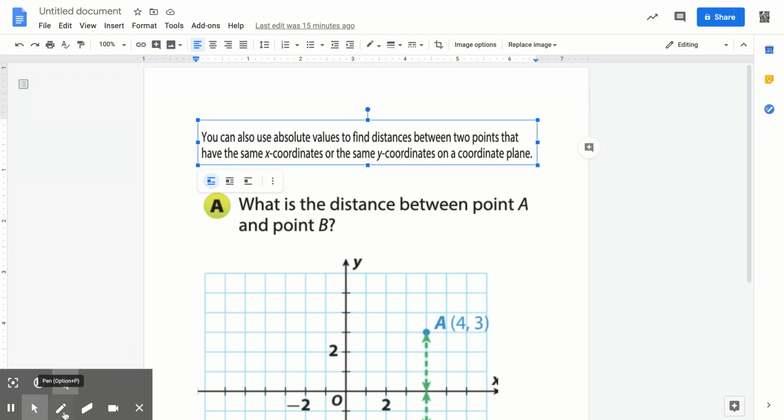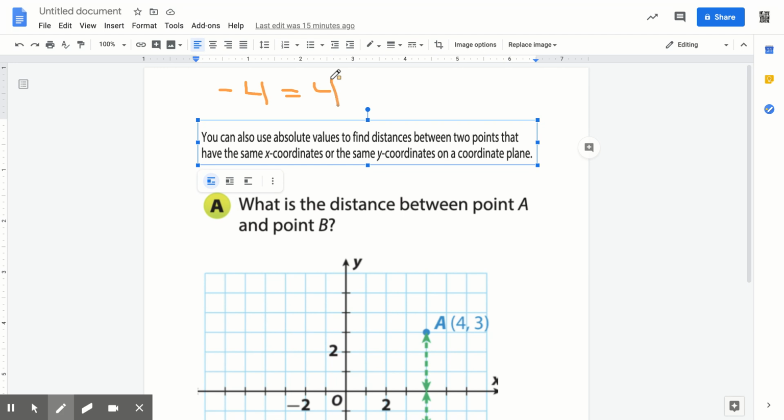So by now you guys should remember, when it comes to absolute value, for example, if I were to ask you what is the absolute value of -4? You would know that the absolute value of -4 is 4, right?